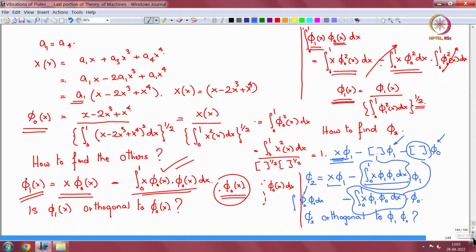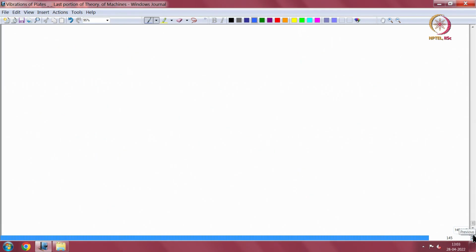So, that means basically this whole thing I multiply by phi 0 and integrate. So, how do we do that? On the left I have integral 0 to 1 phi 2 phi 0 dx.